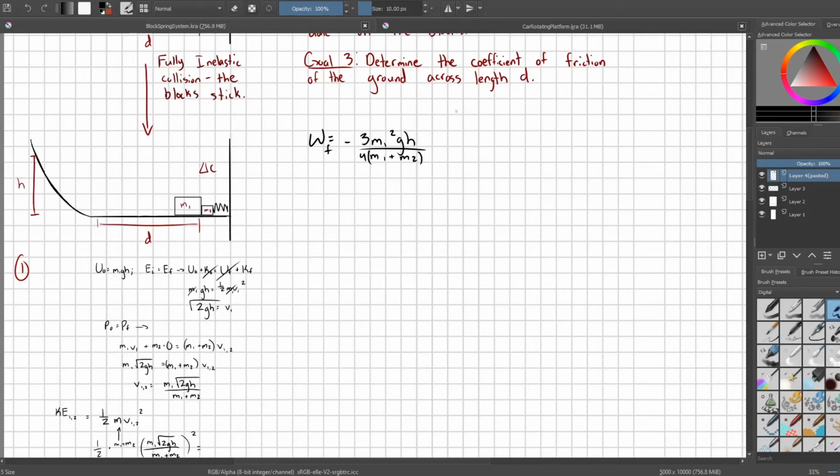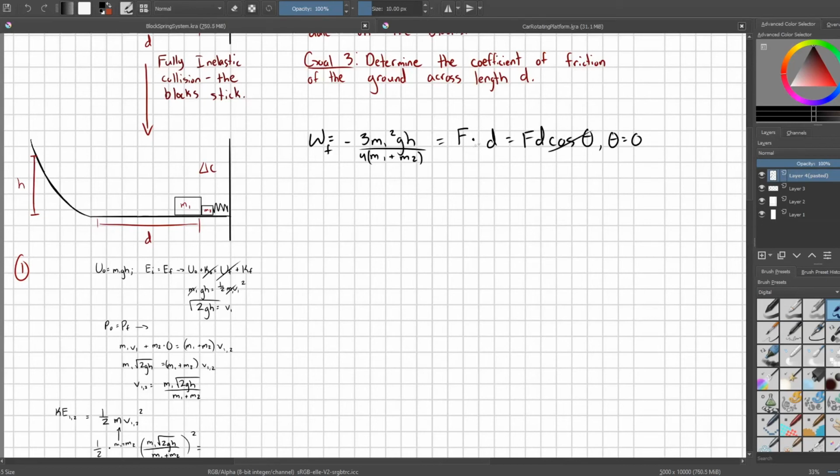Now, what we also know is that work is equal to the dot product of force over a distance, which in this case is FD cosine theta, where theta equals 0 since this block is moving in the same direction. The force of friction is acting in the same direction as the distance that the block is traveling across. So this term is just 1.